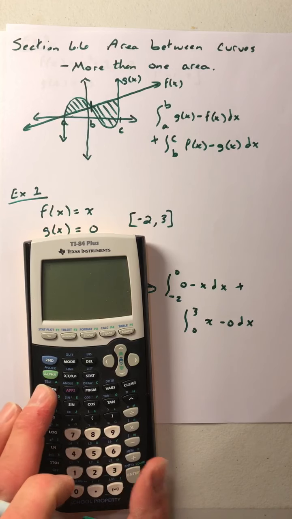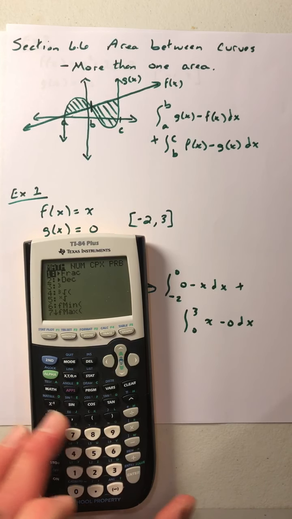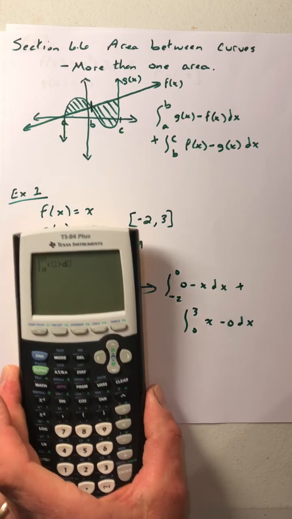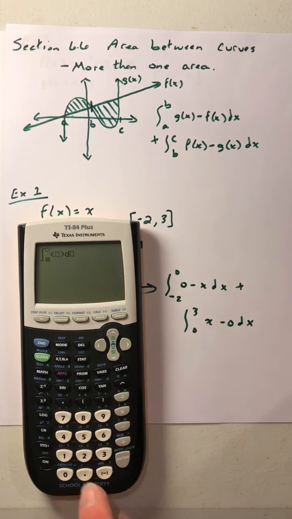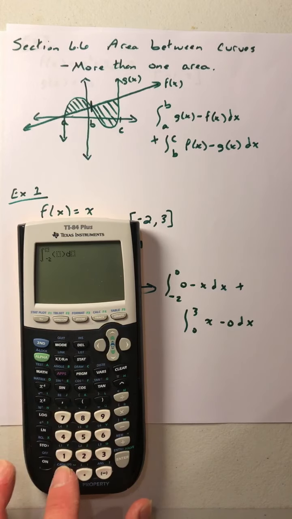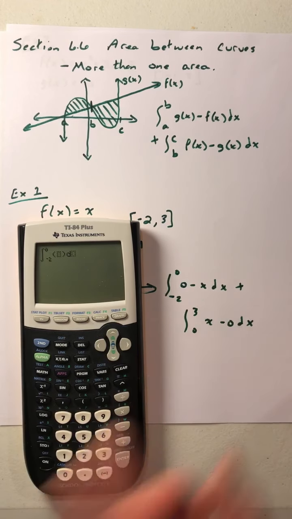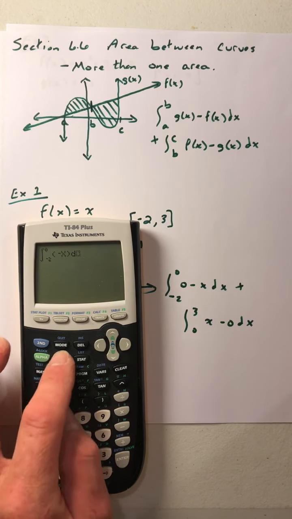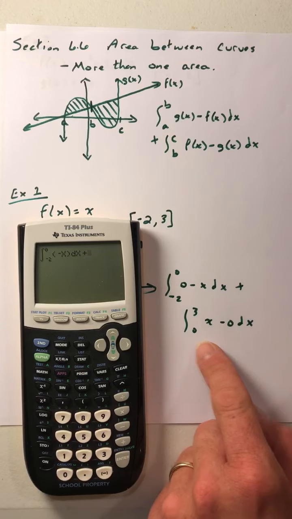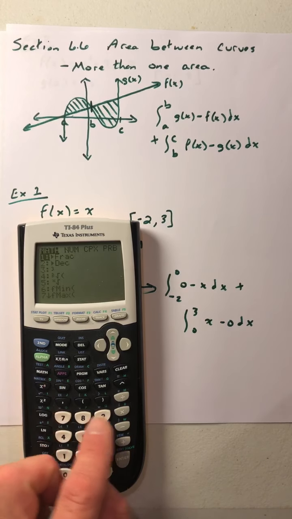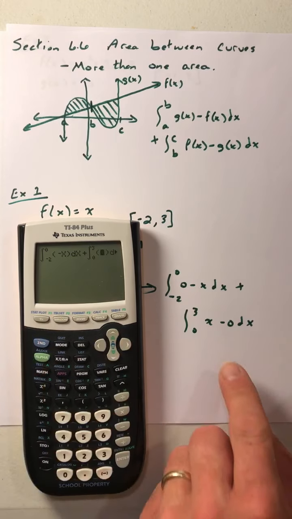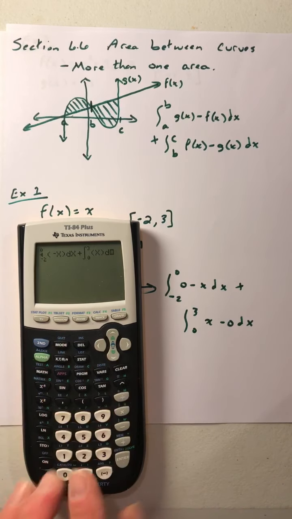If you click math and the 9 button with your 84 calculator, we can integrate from -2 to 0 of 0 minus x, which is just negative x, dx. And to that we can add another math 9, from 0 to 3 of x minus 0, which is just x dx.